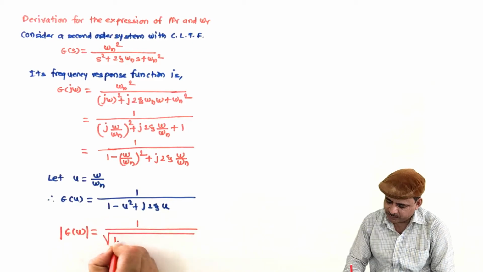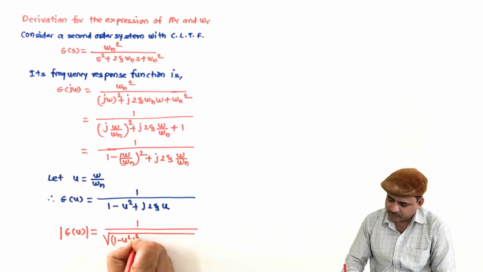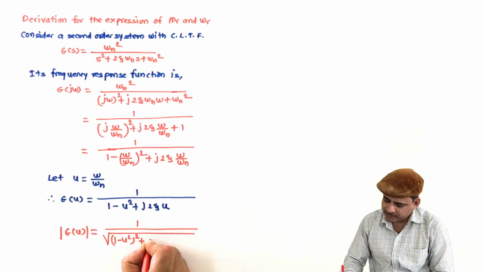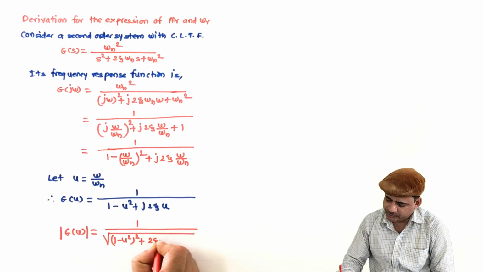So it is 1 minus u square whole square plus 2 zeta u whole square.